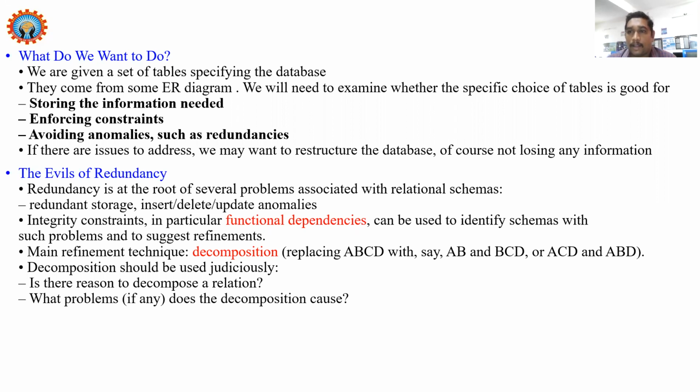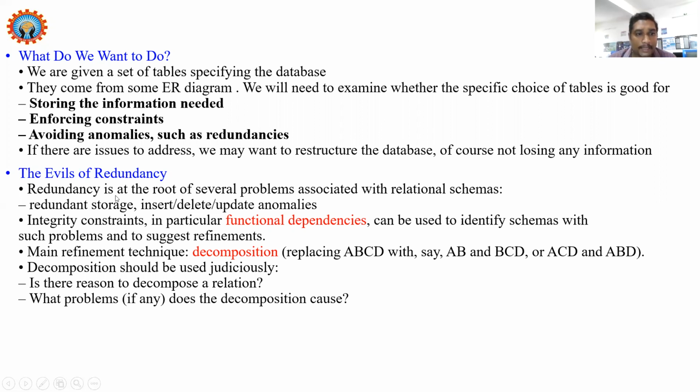You have to identify which attribute is dependent on which, to identify schemas with such problems and to suggest refinements. If two or more attributes depend on another attribute, you have to identify them in your relation. So these are the redundancy problems: these three attributes are dependent on a particular attribute.